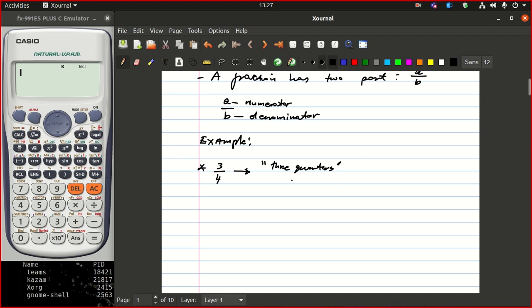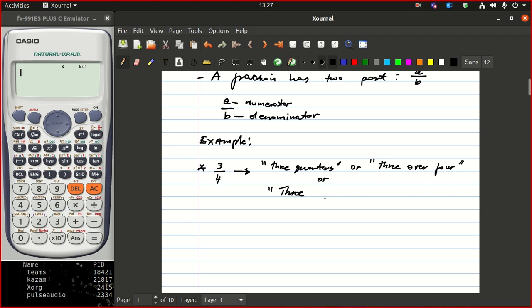The second way you can read this fraction is to say that we have 3 over 4. That's also another way of reading this, 3 over 4. The last one, which I like more than all of these, is to say I have 3 things.